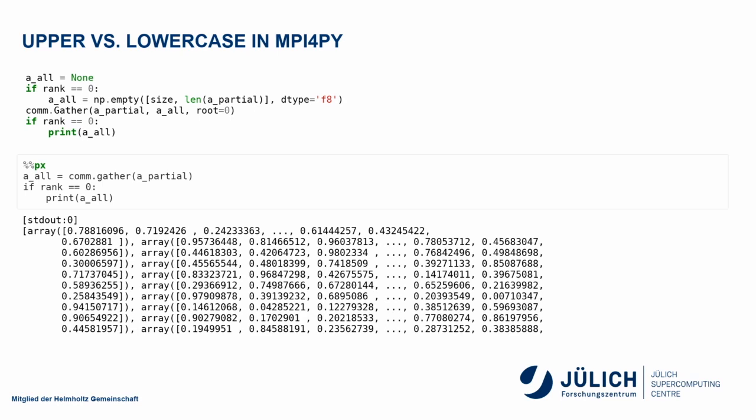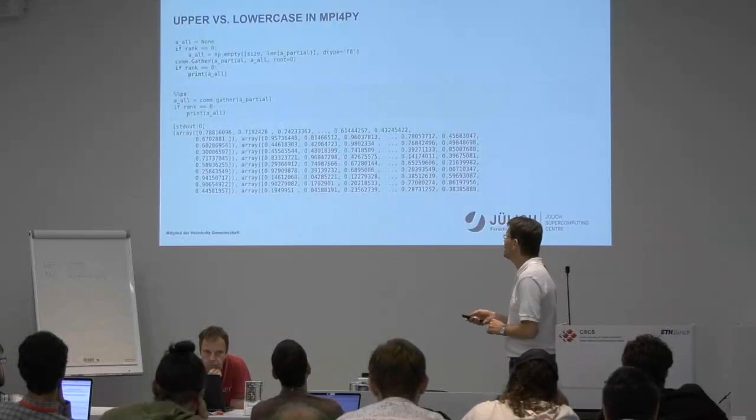There is the lowercase version, which in a way is really cool. I can feed it almost arbitrary Python types, almost because it still needs to be pickleable. So it needs to be able to convert it into a stream because it needs to send it over the network.